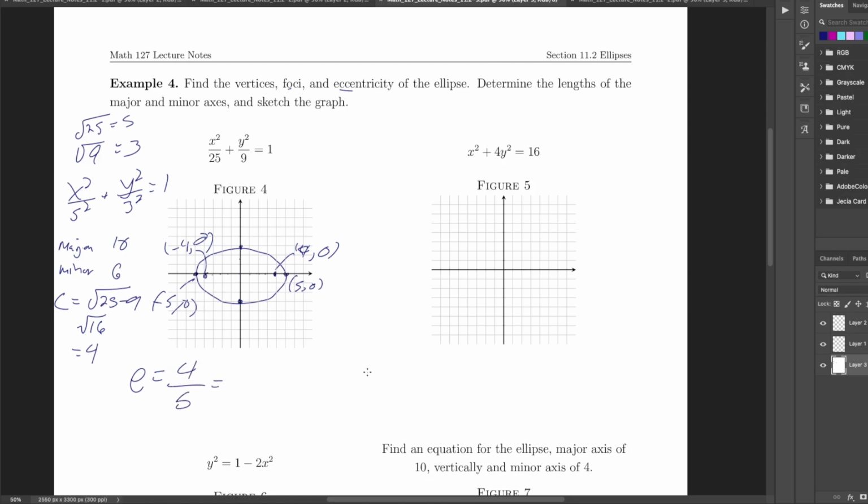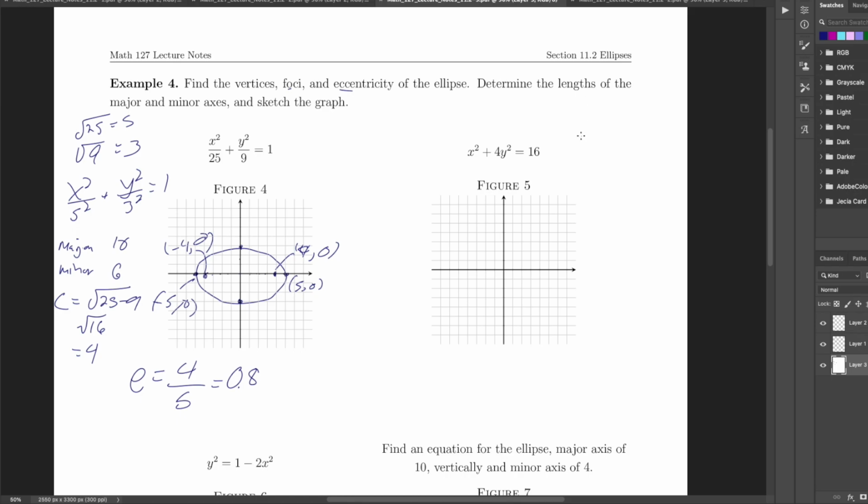And so this is 0.8. Okay, so now it's pretty oblong. I'm just double checking everything real quick. Sorry about the break. Yeah, so this is kind of oblong. And so here we've determined everything for that.